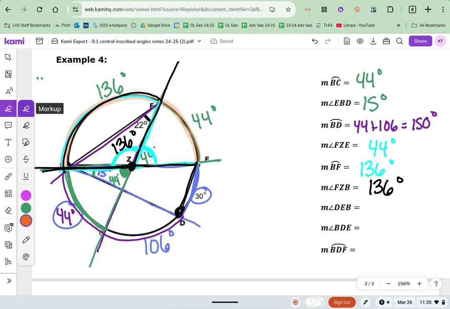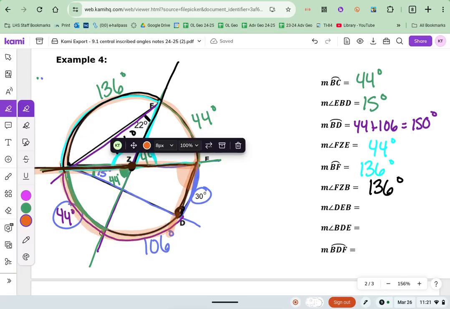So we can see how much is in between that. We have 106 degrees plus 44 degrees in between those angle arms. So we can do 106 plus 44. That's 150 degrees total in between the angle arms. And then the angle we're looking for is inscribed. So we're going to do 150 divided by 2 to get 75 degrees.